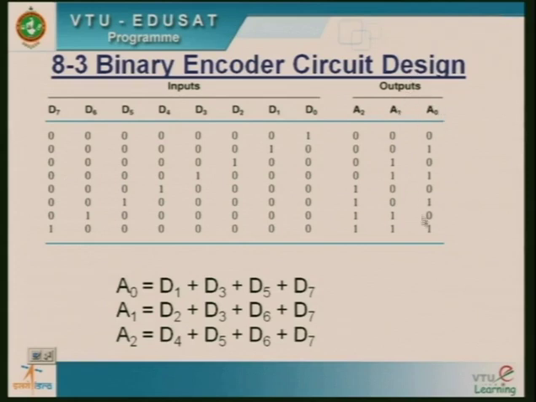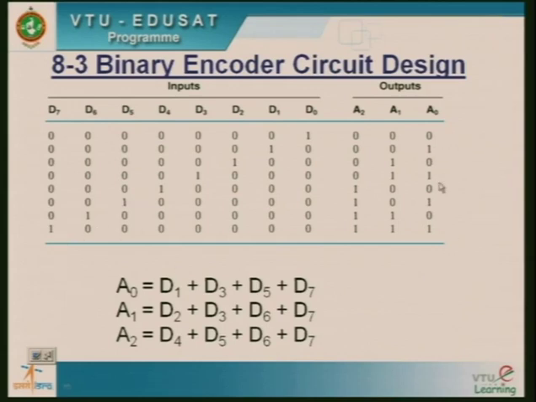So outputs A0, A1, A2. The equation for A0 is A0 equals D1 plus D3 plus D5 plus D7. This is nothing but, whenever A0 is high, we get the input from D1, input from D3, input from D5, similarly input from D7.